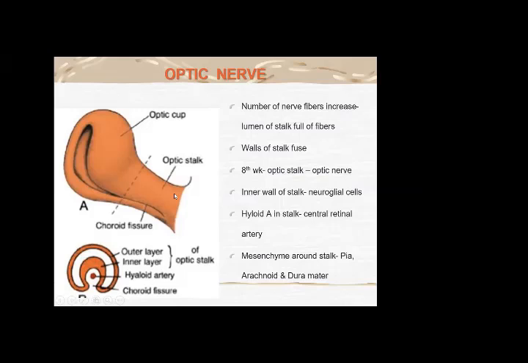Lying within this part was also the hyaloid artery over here, because the mesenchyme entered into the choroid fissure. So now here you have axons of the ganglion cells, plus the hyaloid artery. This hyaloid artery later develops into the central artery of the retina.